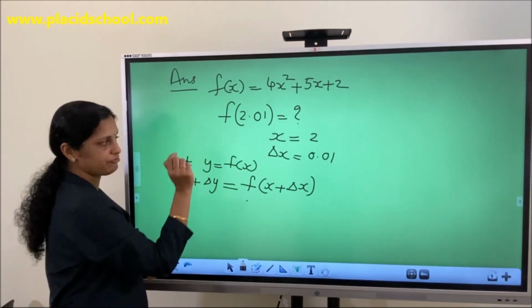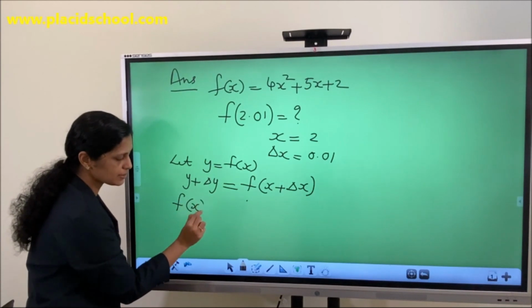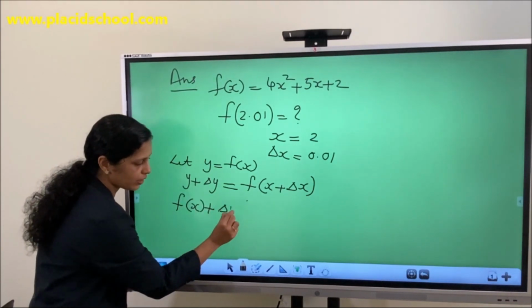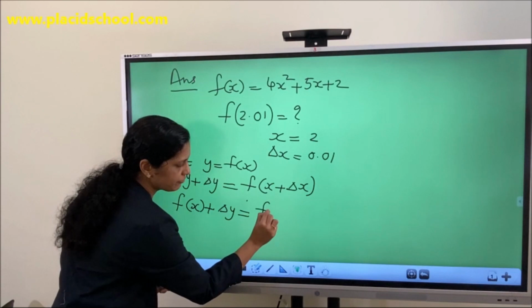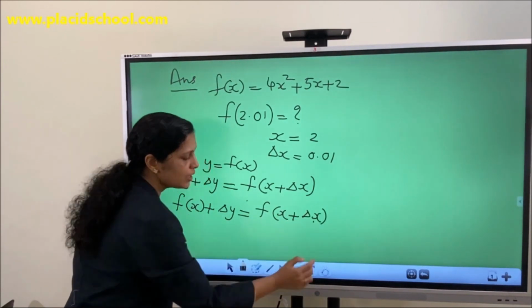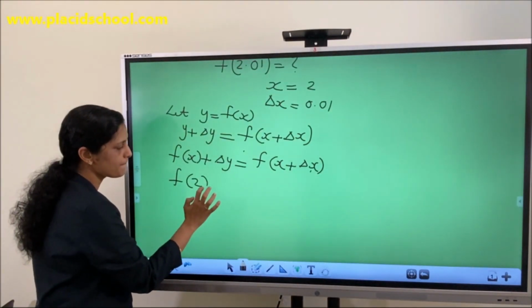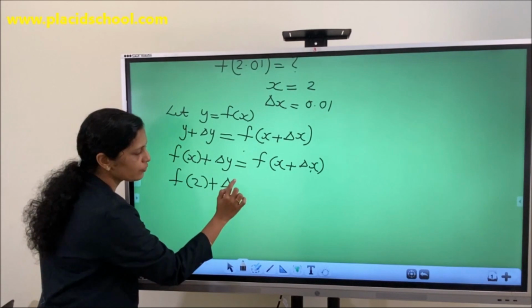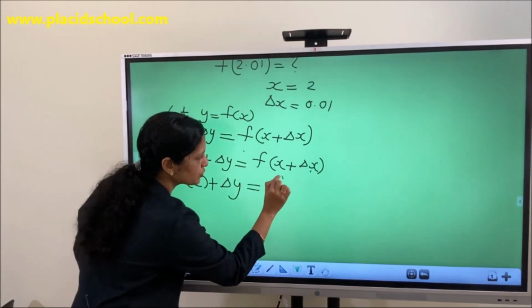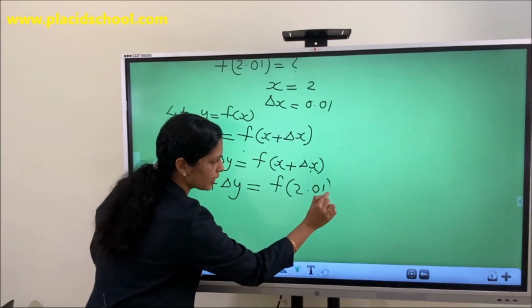Now, y is f of x, we know that. Therefore, y as f of x plus delta y is equal to f of x plus delta x. Next, f of 2 plus delta y is equal to f of 2.01.